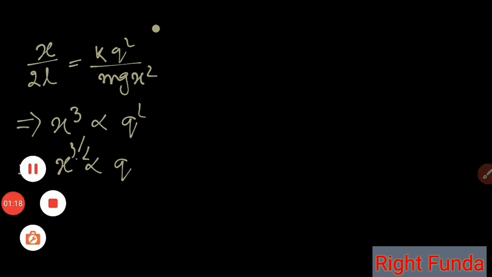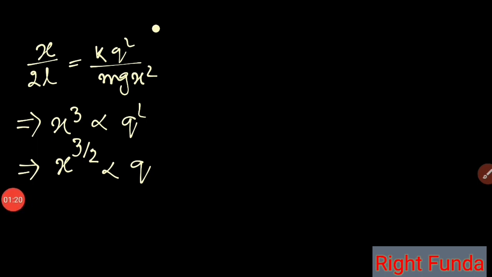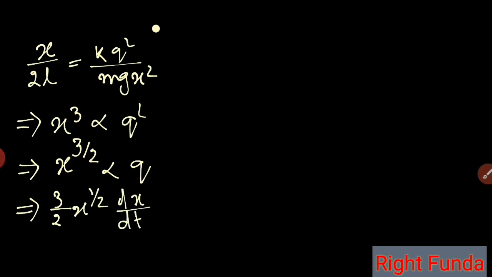So differentiating both sides of the equation, we can get 3 by 2 x to the power half into dx by dt is proportional to dq by dt.